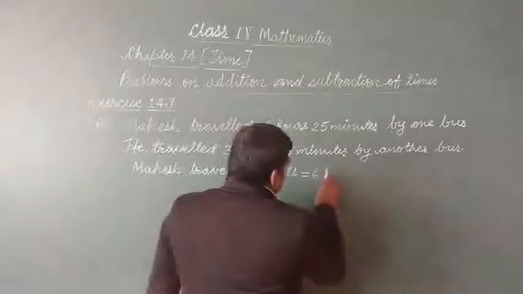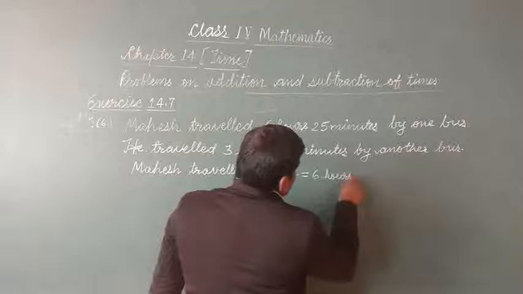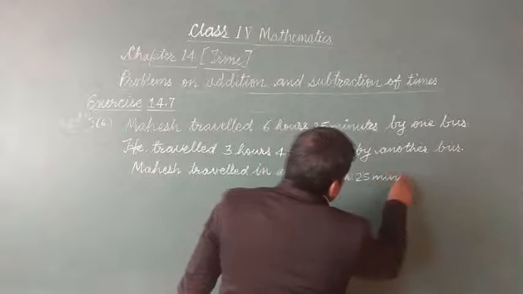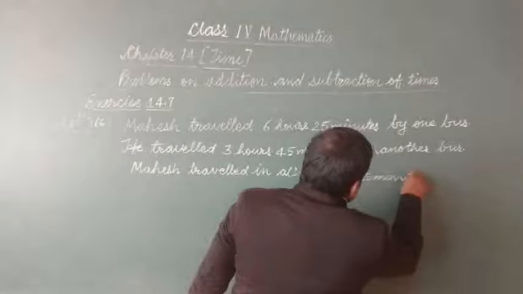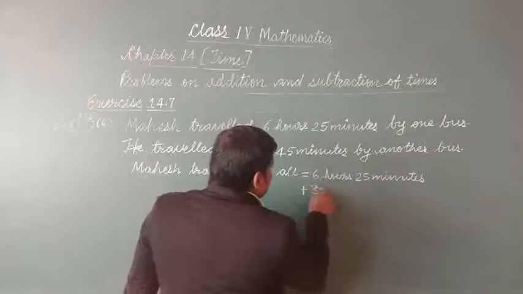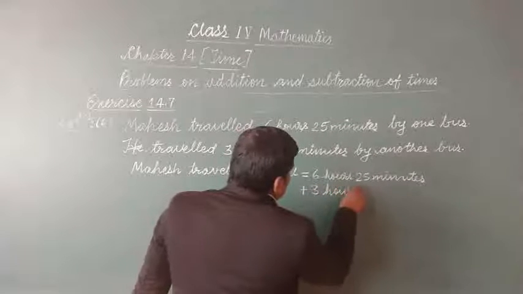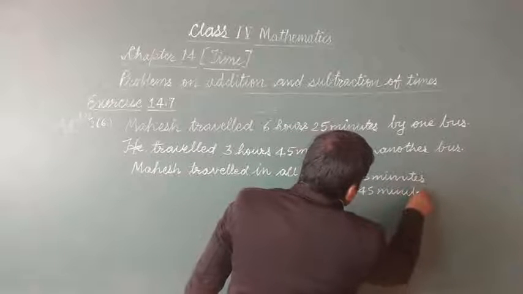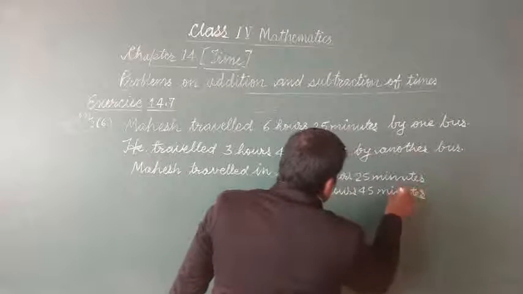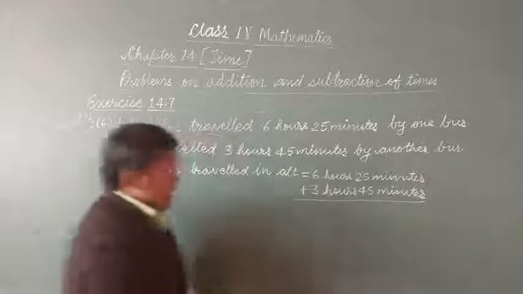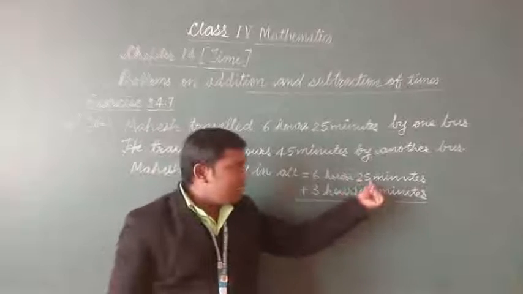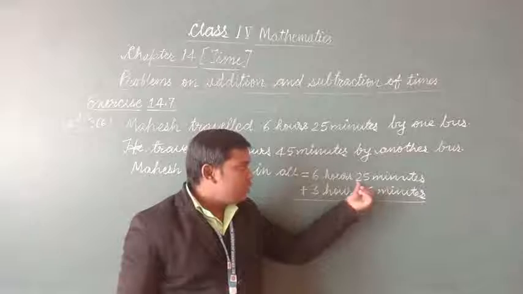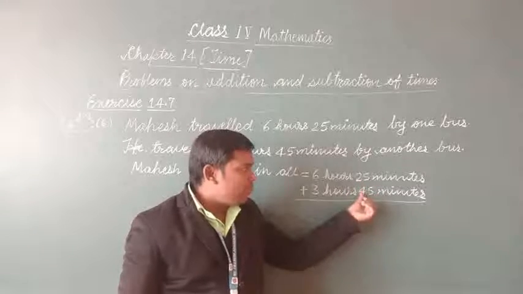6 hours 25 minutes plus 3 hours 45 minutes. When you add, you see here 5 plus 5, 10, 0, carry 1, 2 plus 1, 3 and 4, 7.